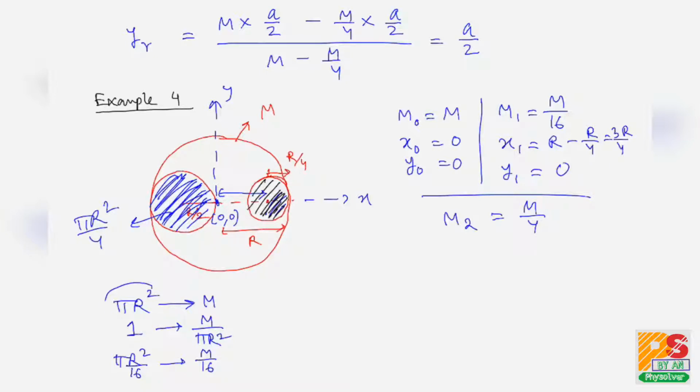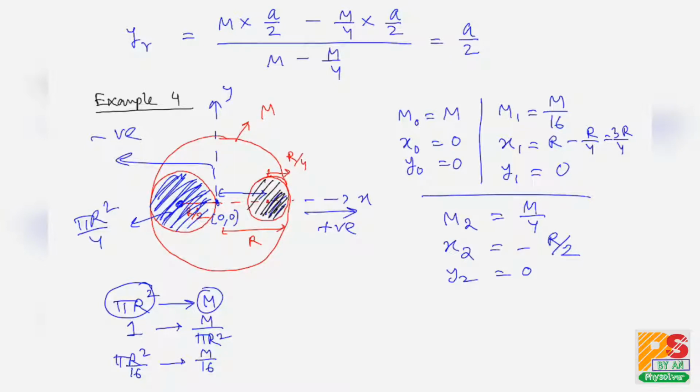So area of pi r square is m, so area of pi r square by 4 will be m by 4 obviously. x2: now see, x2 is minus r by 2. Be very careful. I take this direction as positive x, so this direction is negative x. Here the center is situated here, so minus r by 2. y2 is 0, so we don't have to calculate yr. I can calculate only xr.